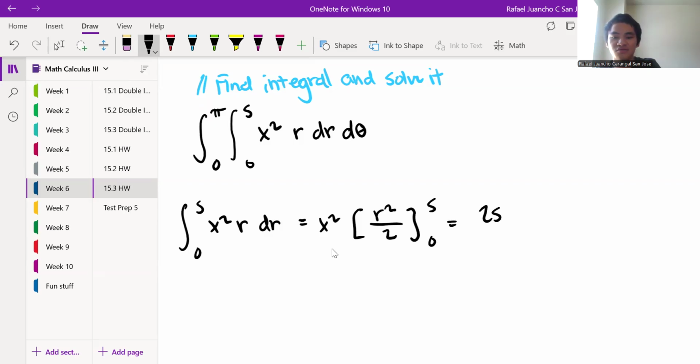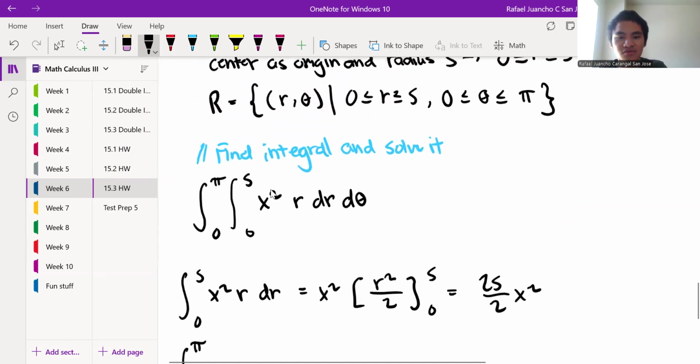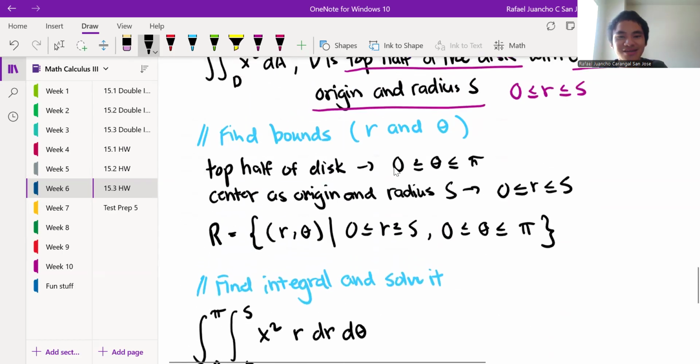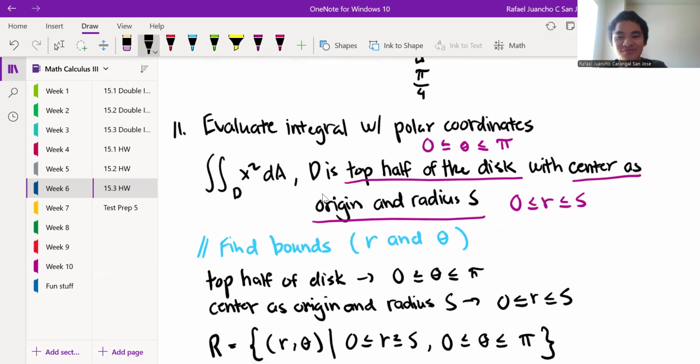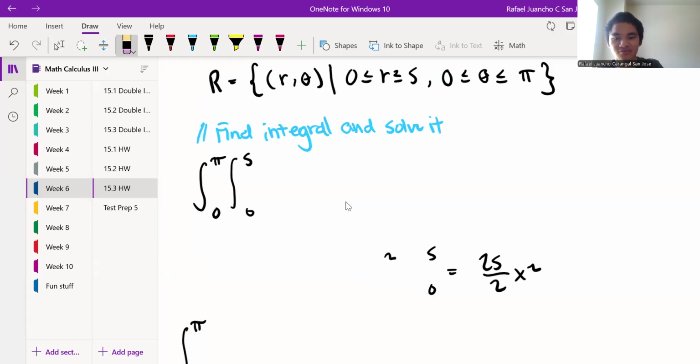So I get 25 over 2 x squared. And then from there, I integrate that thing. Oh, wait a minute. Oh, shoot. I forgot to translate this. Yeah, so I needed that other thing. Whoops, my bad.